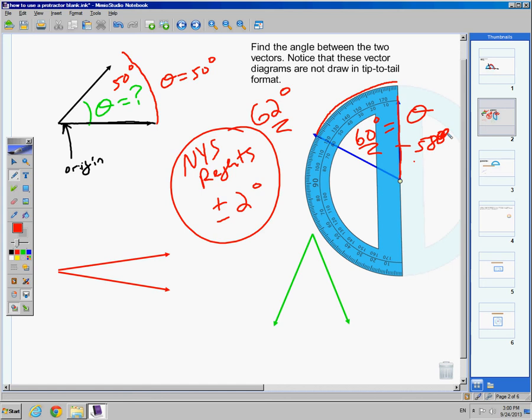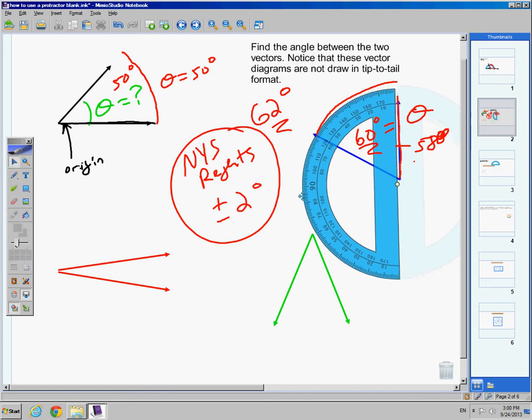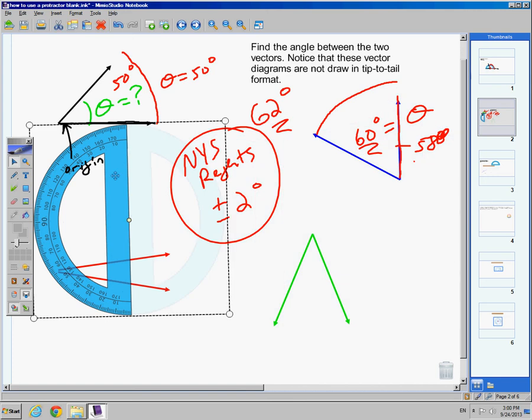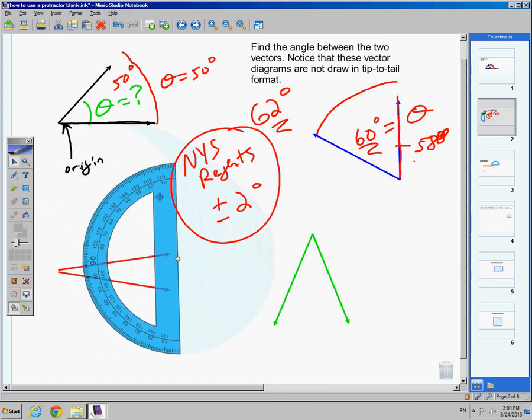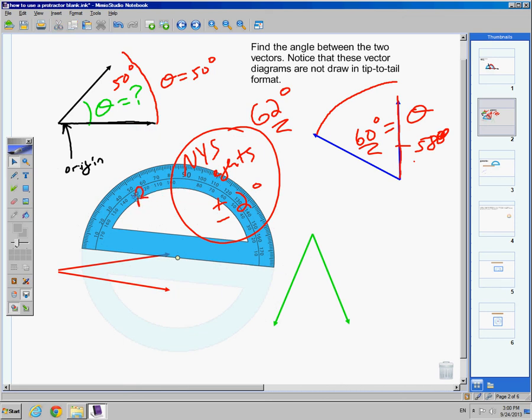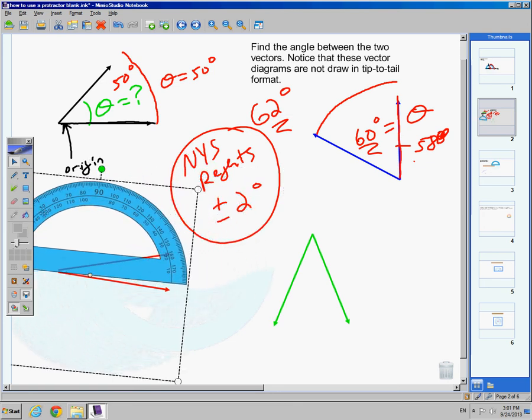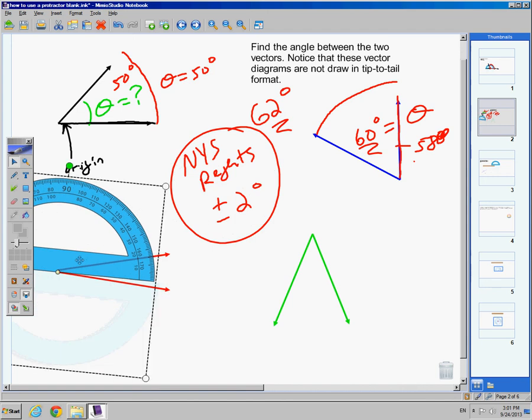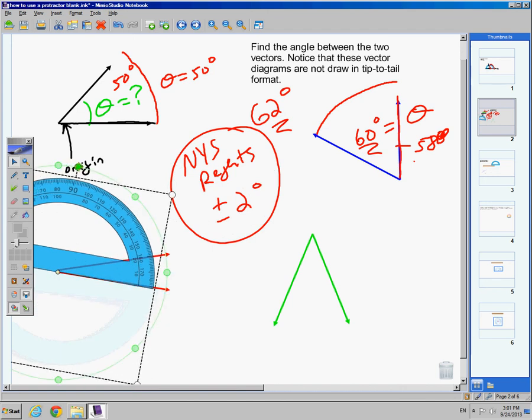All right, let's go back and measure the other 2 really quickly. Take the protractor here, rotate it. Oops, too much.